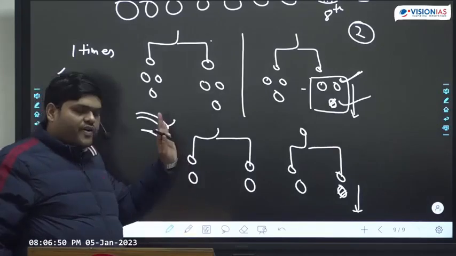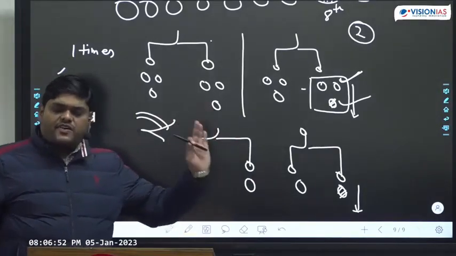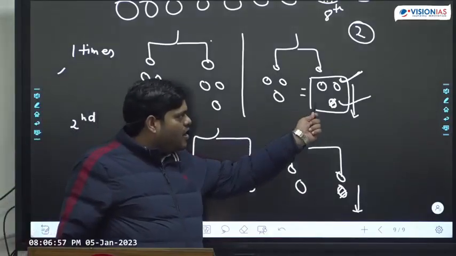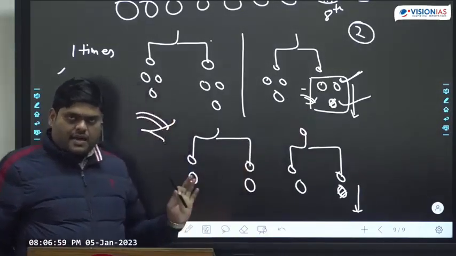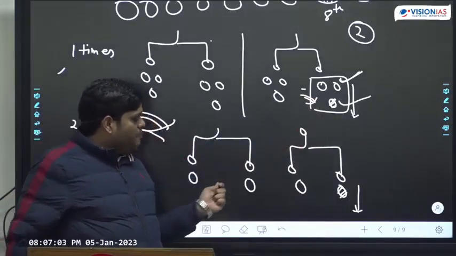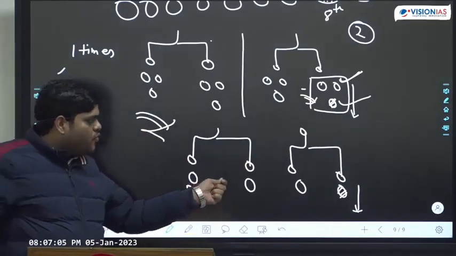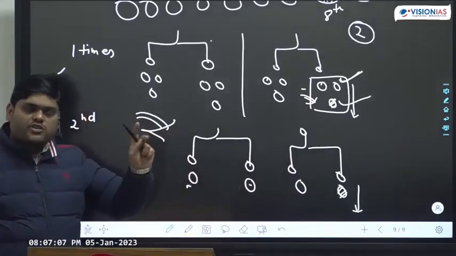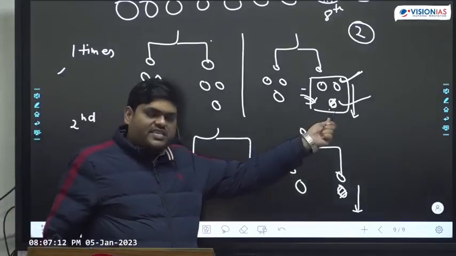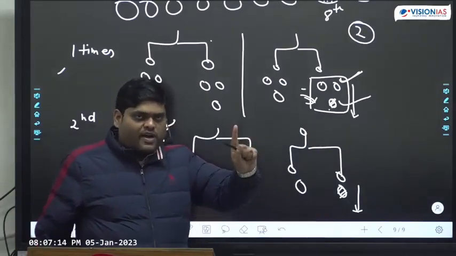See, in the first weighing we are able to identify which lot the heavier ball is in. So we have identified that the heavier ball is in the third lot. Now the second time, out of these 3 balls, we will put one ball on one side and one ball on the other side. Again 2 possibilities are there. If both are equal, that means the third ball is the heavier one, because ultimately one ball is heavier.